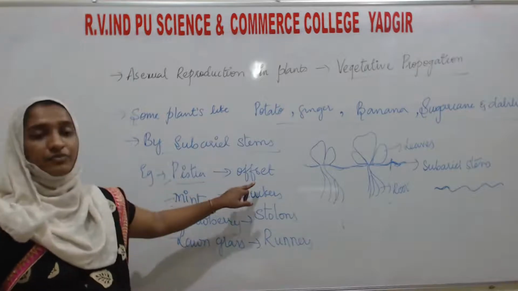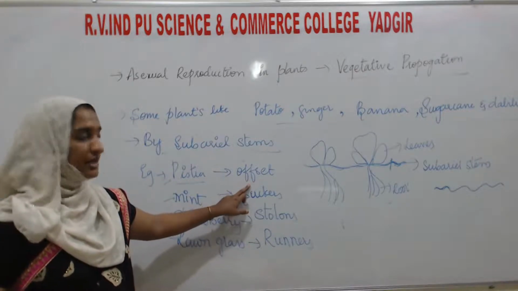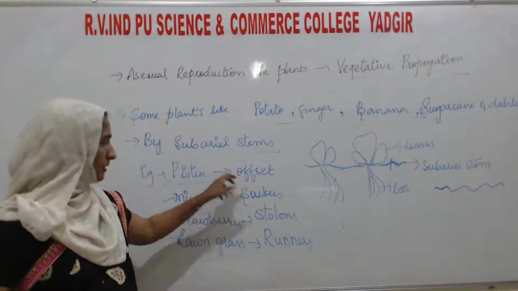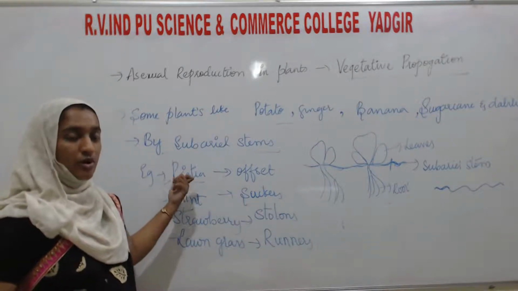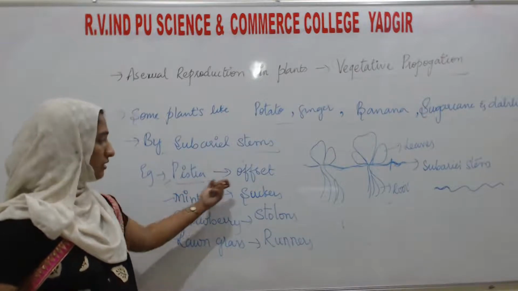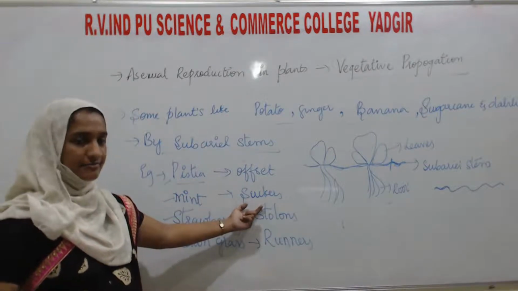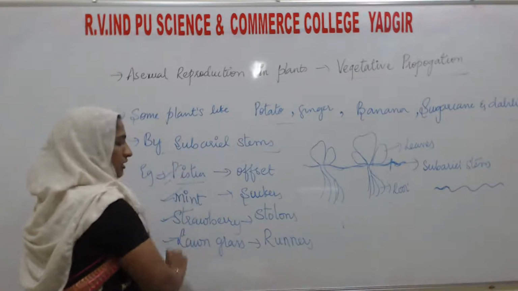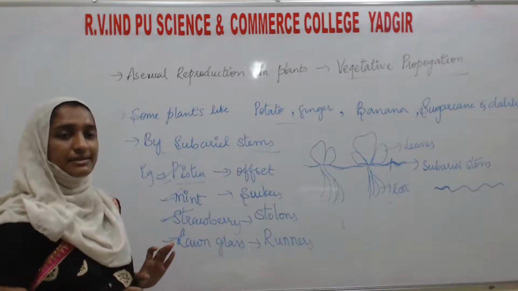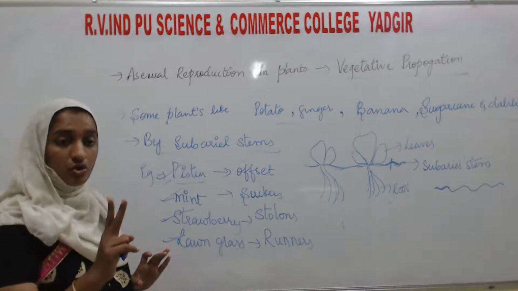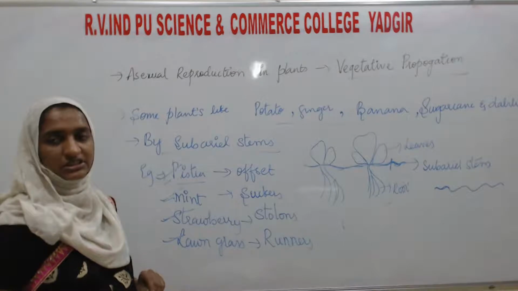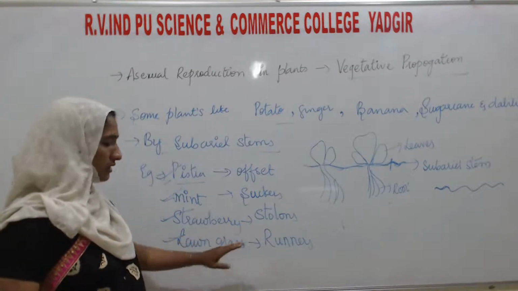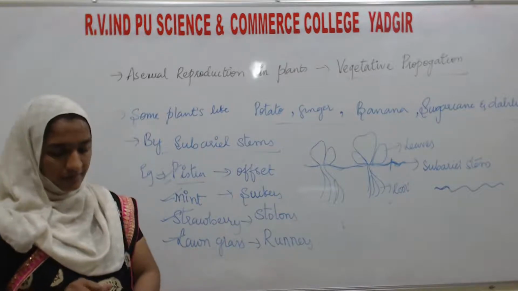In pistia, that subaerial stem which is undergoing asexual reproduction is known as the offset. What is the vegetative propagule of pistia? Offset. Mint, suckers. Many times they have asked about mint, pistia, strawberry, lawn grass. Compulsory, one or two questions will be from this vegetative propagation in your theory exam. Strawberry, stolons; lawn grass, runners.